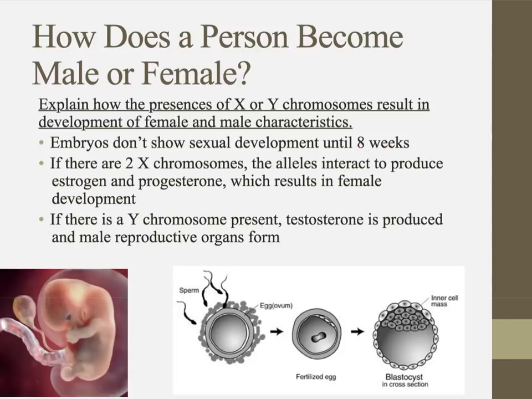At around 8 weeks, if there are 2 X chromosomes, the alleles on those X chromosomes interact to produce estrogen and progesterone, and those trigger the development of female genitalia. If there is a Y chromosome present, testosterone is produced, and as we talked about earlier, testosterone causes male reproductive organs to form during embryonic development.